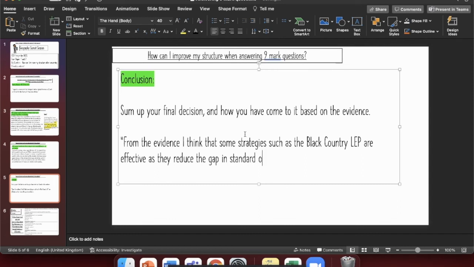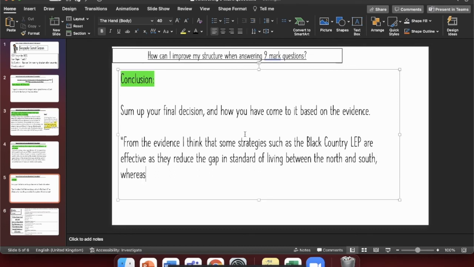I've mentioned standard of living, so I'm going to stick with that. I haven't yet mentioned unemployment between the north and south, whereas projects like HS2 are not cost effective, meaning that they cost too much and they don't have many benefits.